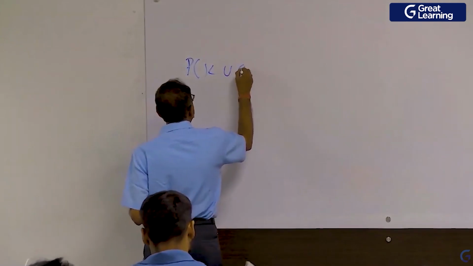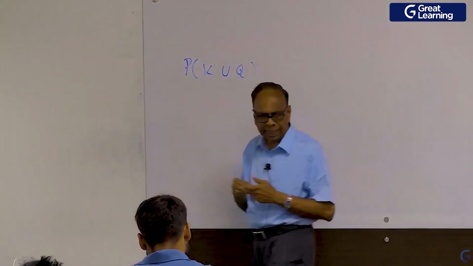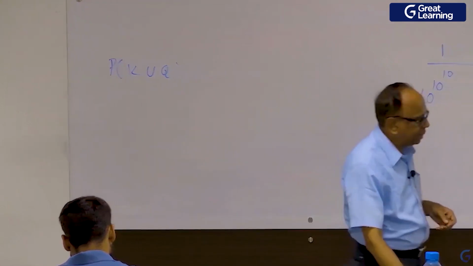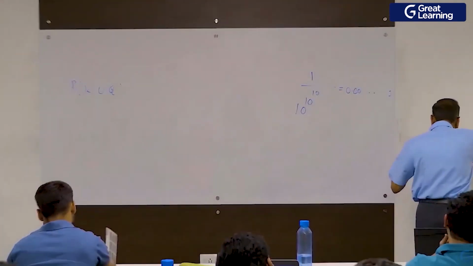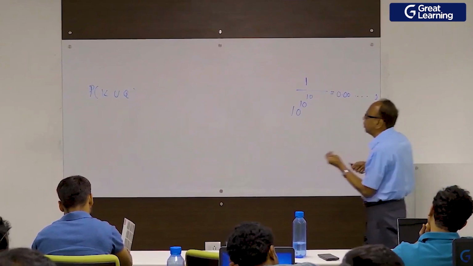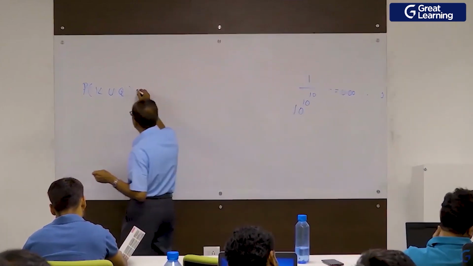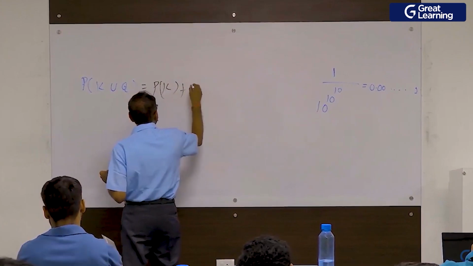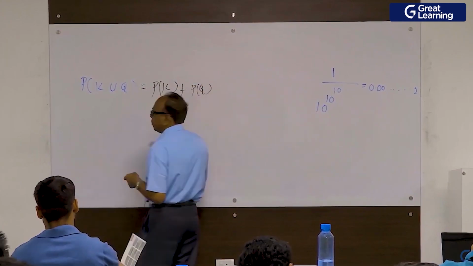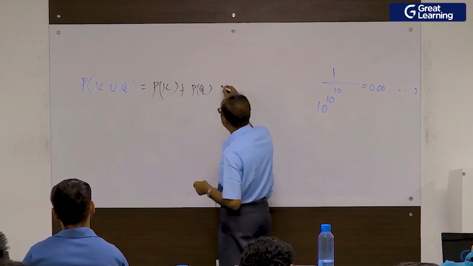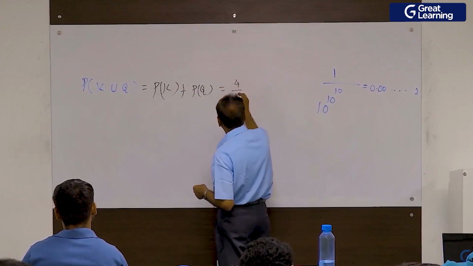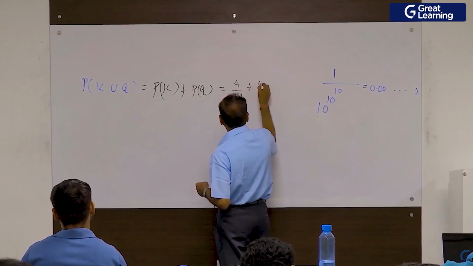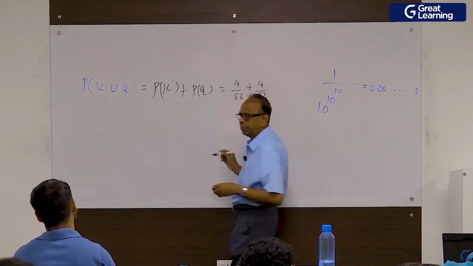Or I put a union because we have got a set theory thing here. And straight away, we write here, is equal to probability of king, I know you know the answer, just give me some time, I'll make it a little different, plus probability of queen, which is equal to 4 divided by 52 plus 4 divided by 52.